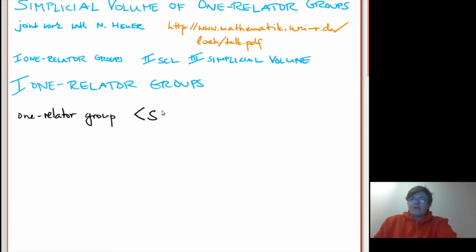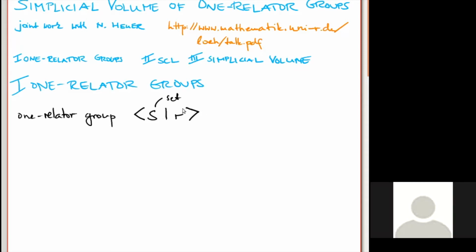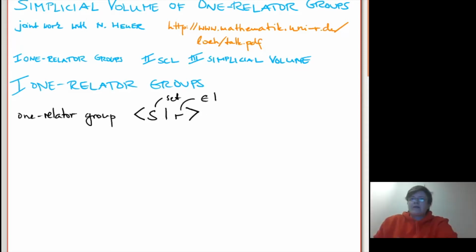So you have a set S, and for simplicity let's assume it's finite, and we have one relator R. That's something that lives in the free group freely generated by S, and I will always denote this by F. By definition, we take this free group and divide out the normal subgroup generated by the relator. So it's just a class of groups.